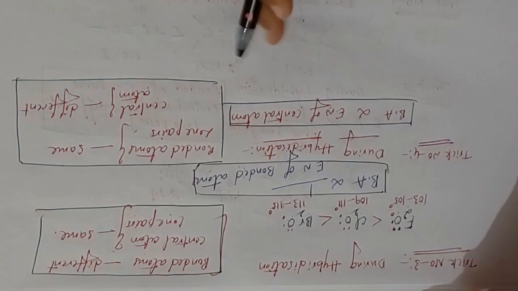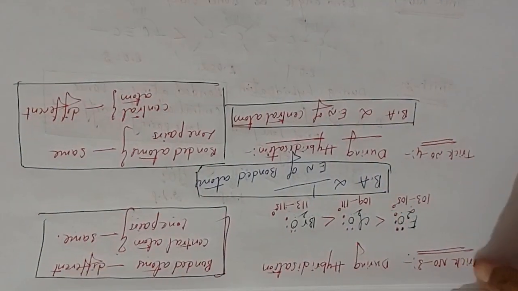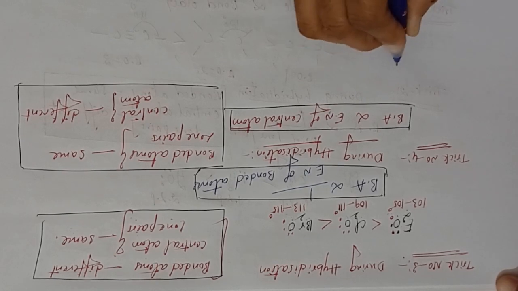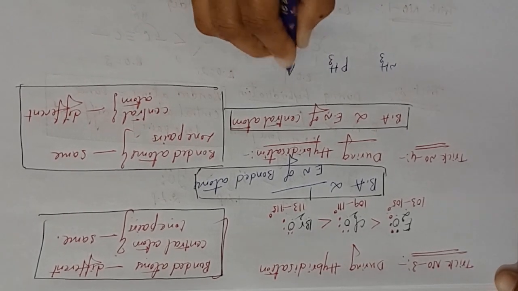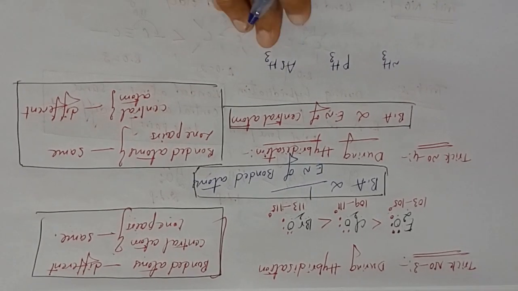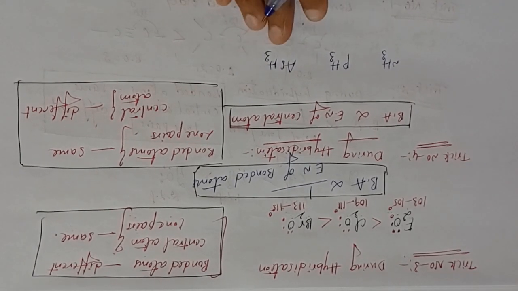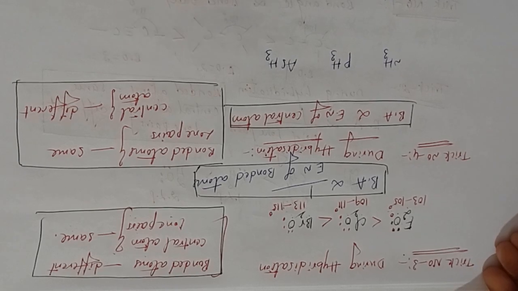Bonded atom same, lone pair same, central atom is different. Take one example: NH3, PH3, AsH3. In these three molecules, which has the maximum bond angle?